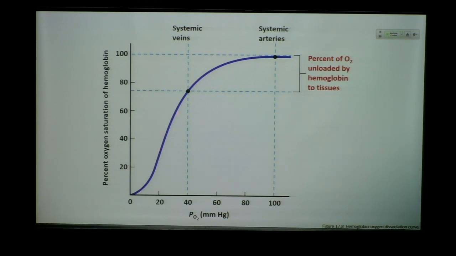And so the other 3 oxygens are going to bind with much more ease because of that change in conformation. So we see this more steep curve as we bind those 2nd and 3rd oxygens on.